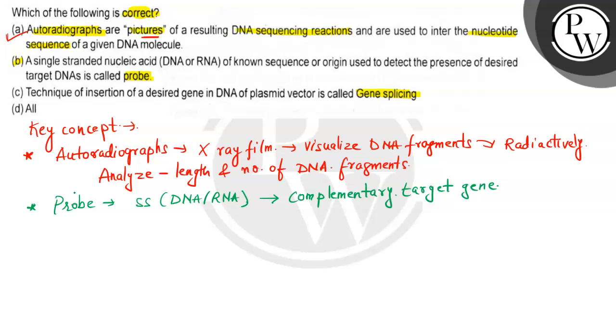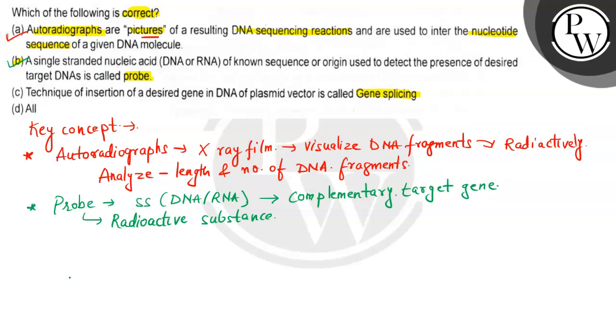We label the probe with the help of a radioactive substance. So the point at which the probe binds to the target gene can be seen with the help of radioactivity. That's why the statement that a single-stranded nucleic acid of the known sequence or origin is used to detect the presence of desired target DNA is called a probe. Absolutely, it is the correct statement here.